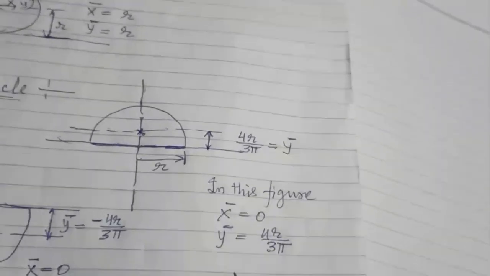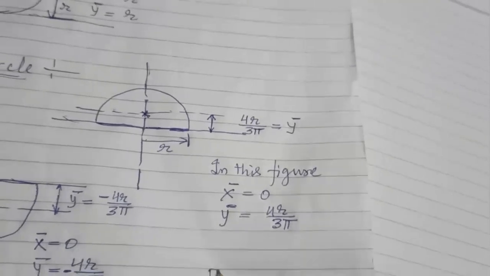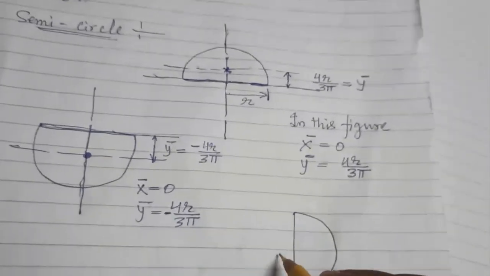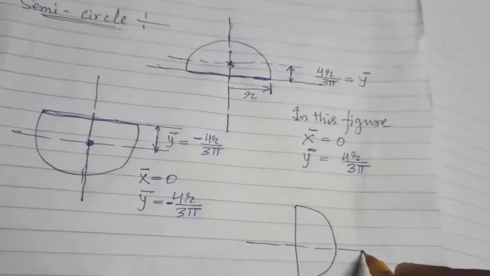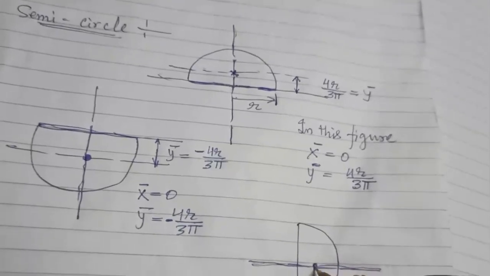If now the figure is changed like this, now the line of symmetry is this, and the centroid will lie here.